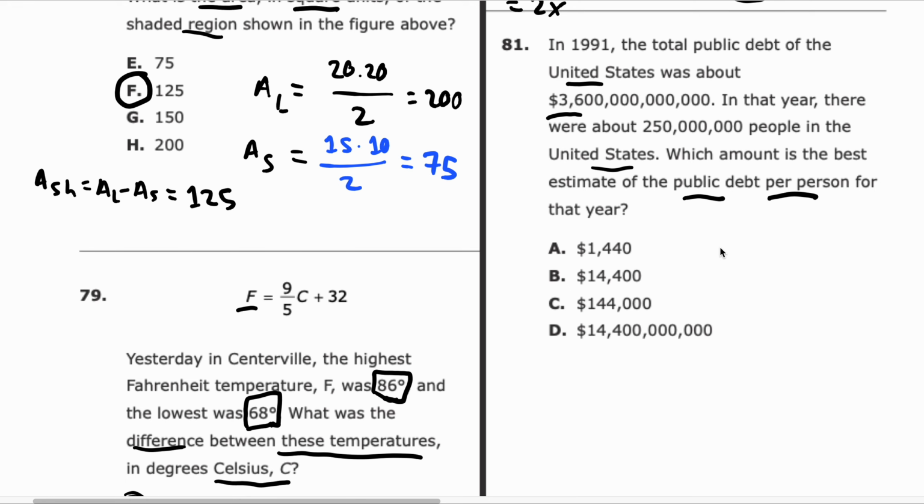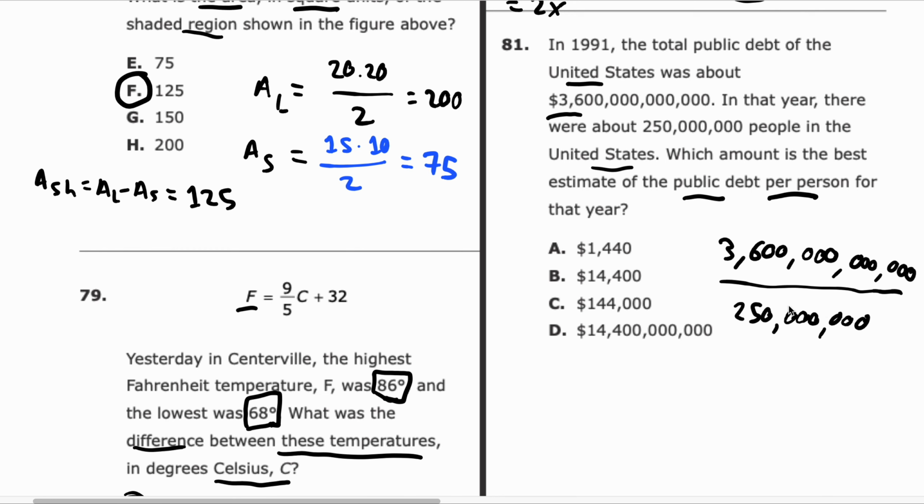So we know that we're going to take the total debt, so that's this quantity, and then we're going to divide by the total number of people, and that would give us our debt per person. So this is just a game of canceling out zeros, and then one more.